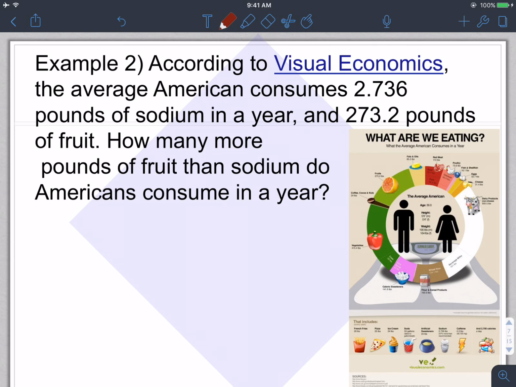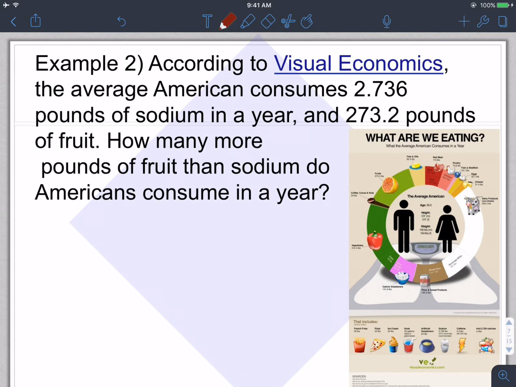According to visual economics, the average American consumes 2.736 pounds of sodium and 273.2 pounds of fruit. I think that's a pretty good stat. People are eating less salt.